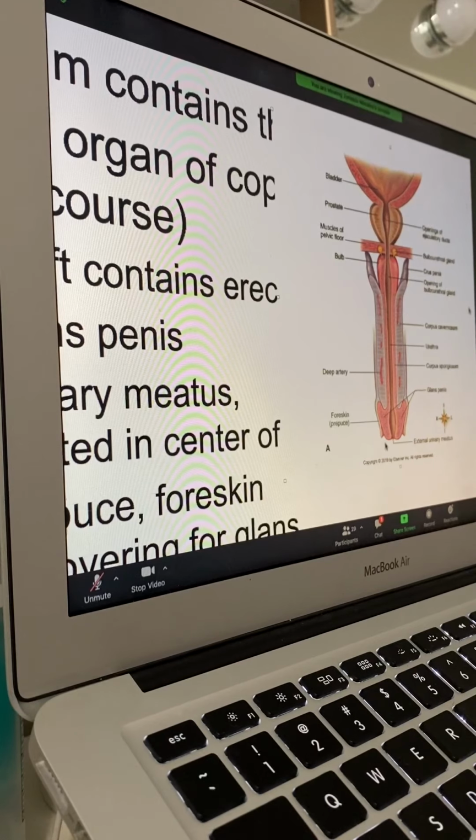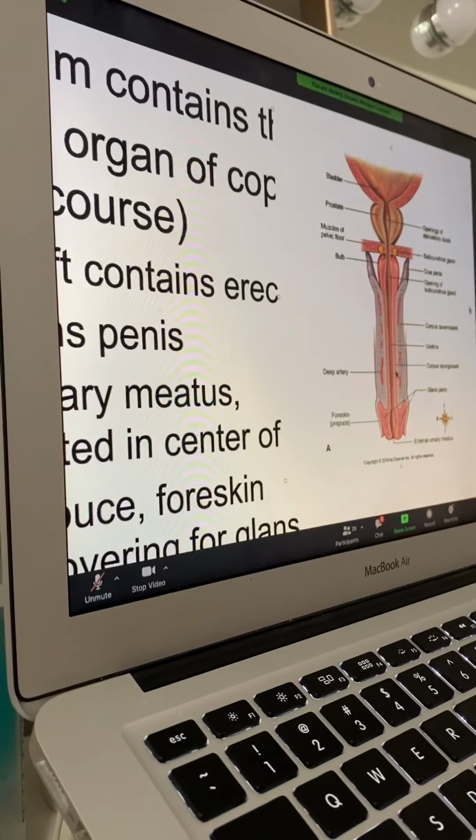There are times when the child is small or during pubertal age that the foreskin or the prepuce cannot be retracted, and that's what we call phimosis. It is called phimosis. Any questions on this?